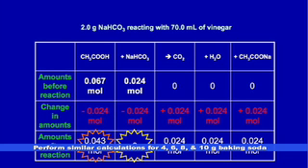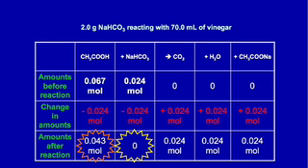Perform similar calculations for the 4 remaining flasks, in which 4, 6, 8, and 10 grams of baking soda were added to 70 milliliters of vinegar.